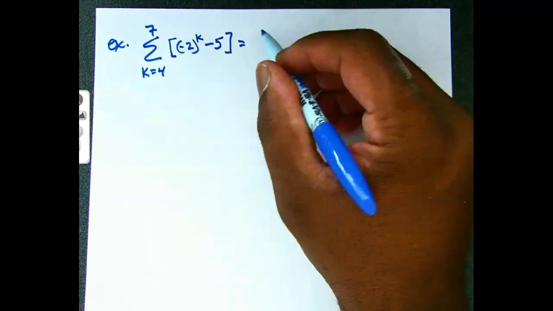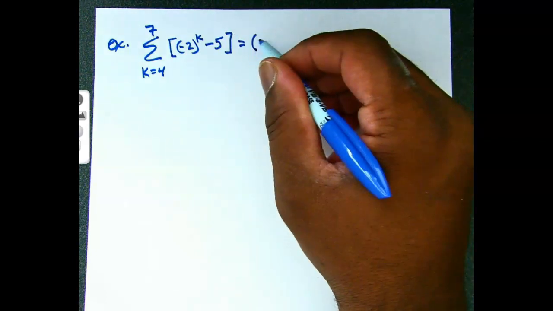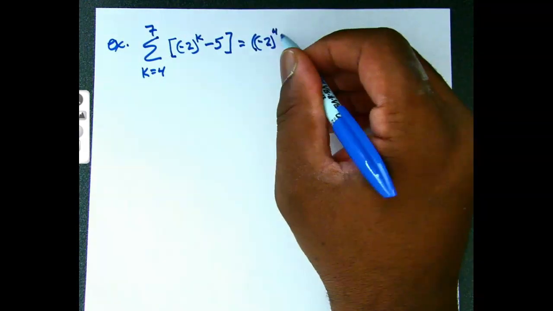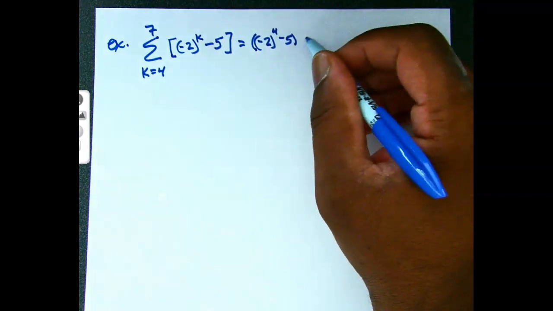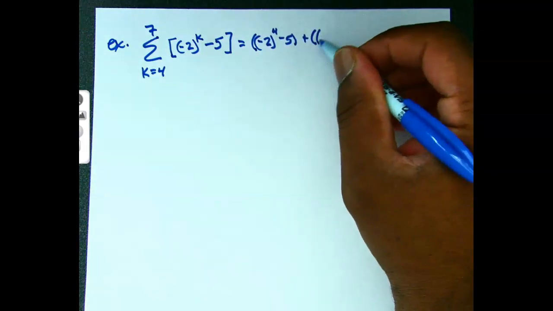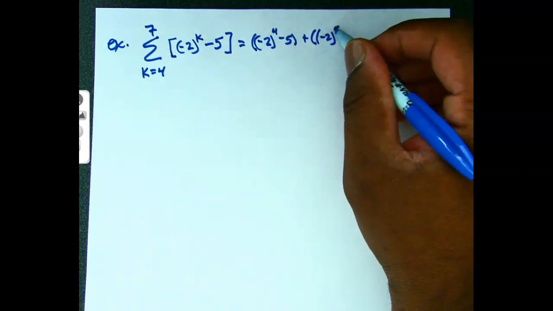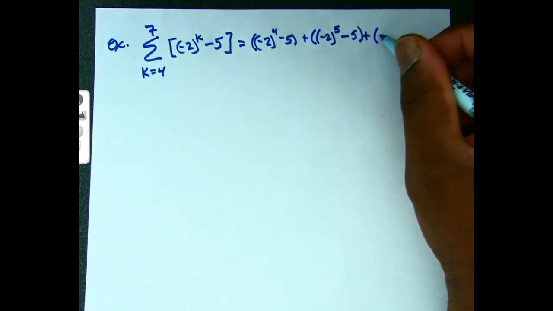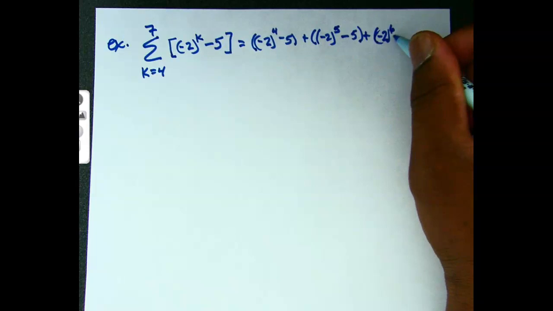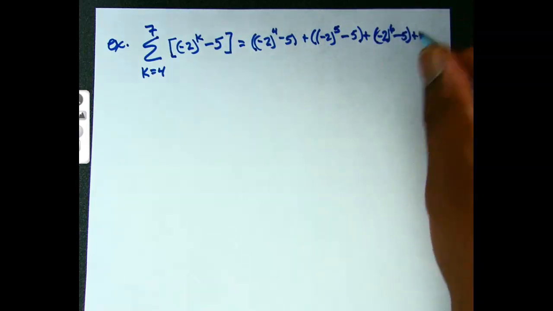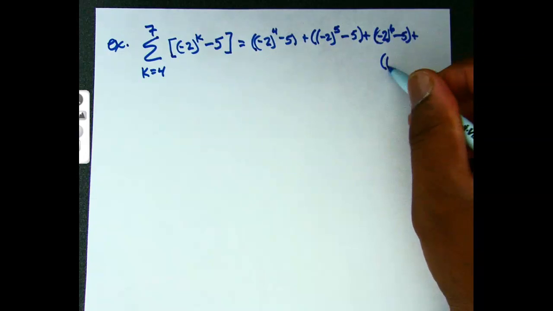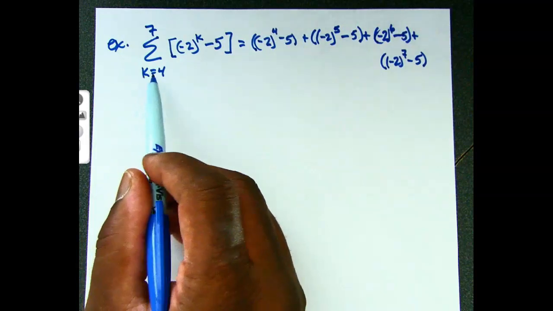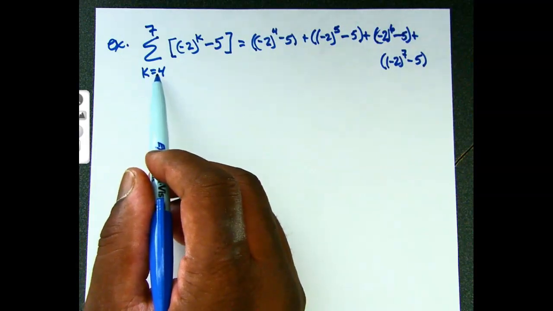Alright, so that's going to be negative 2, k starts at 4, so to the 4th minus 5, plus negative 2 to the 5th minus 5, plus negative 2 to the 6th minus 5, plus negative 2 to the 7th minus 5. And then we're going to stop there because we went from k equals 4 to 7.